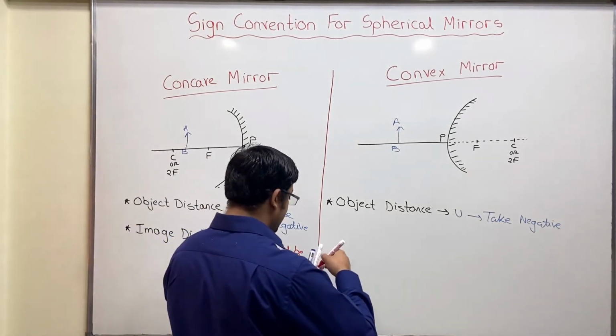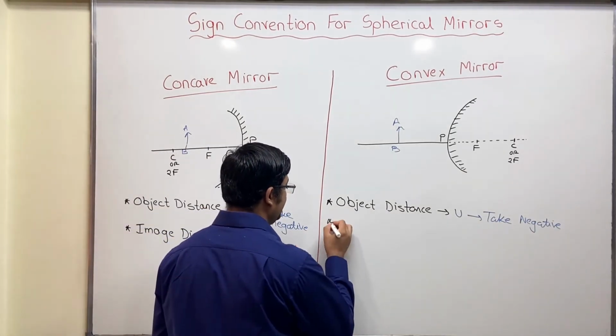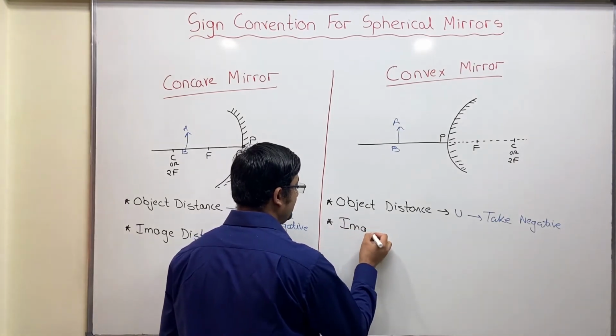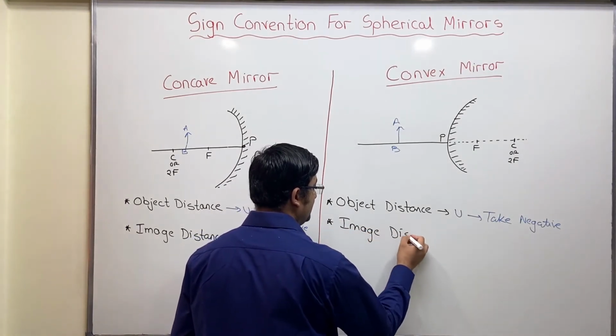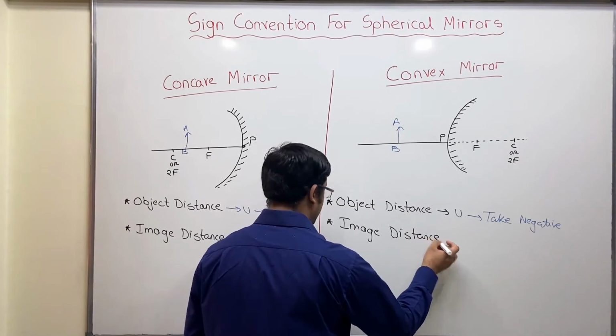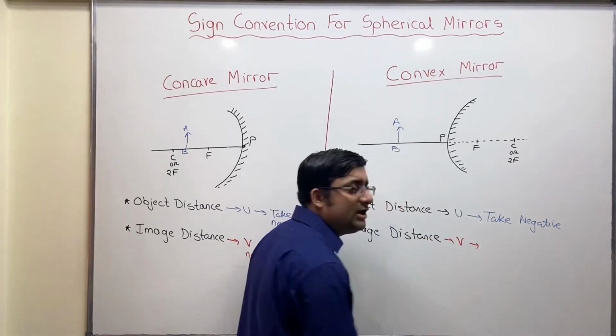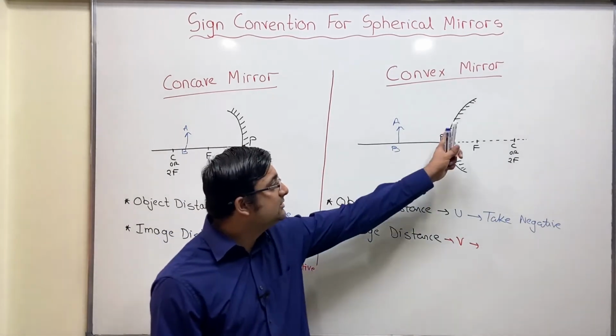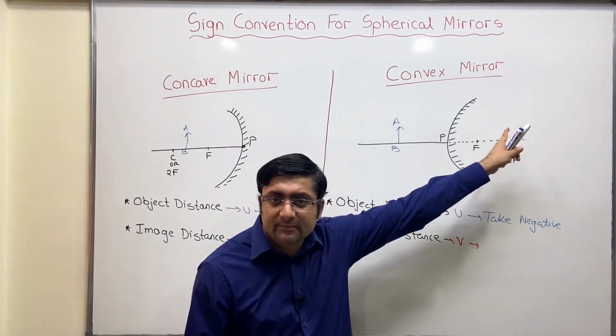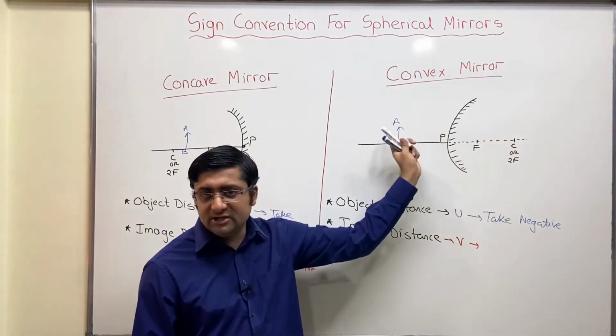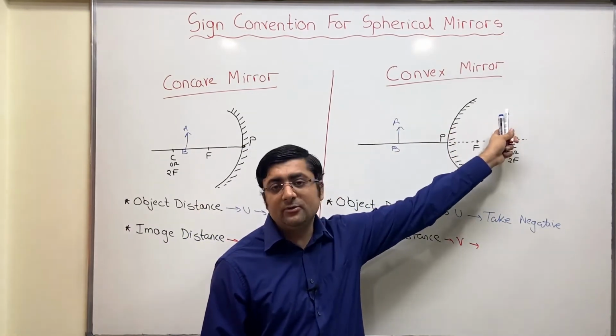Next, let's talk about image distance in the case of a convex mirror. Now see, guys, we know in the case of a convex mirror, the image formed is always to the right of the mirror. I repeat, wherever the object is placed, the image is always formed to the right of the mirror.